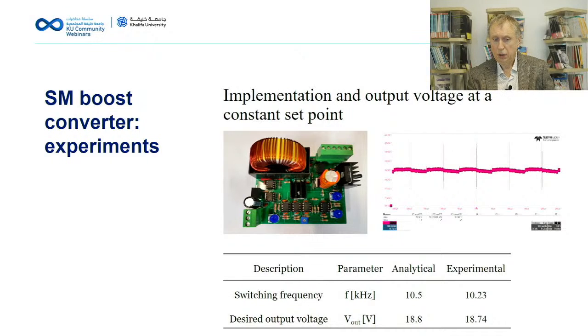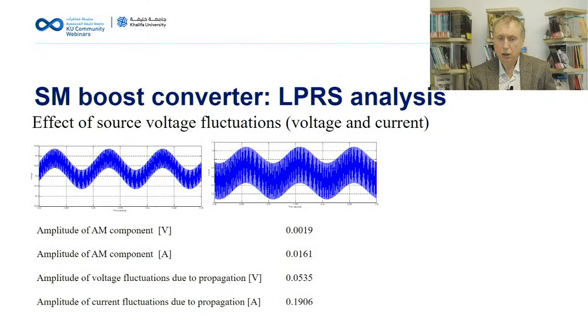And we can see that we have chattering, which is the thick red line, but we also have fluctuations with 100 Hertz because it was a rectified 50 Hertz signal coming from the voltage source. And this is exactly described by the LPRS method. Due to the limitations of time, I'm not going into the details. You can find the details of this analysis in our publication, for those who are interested.